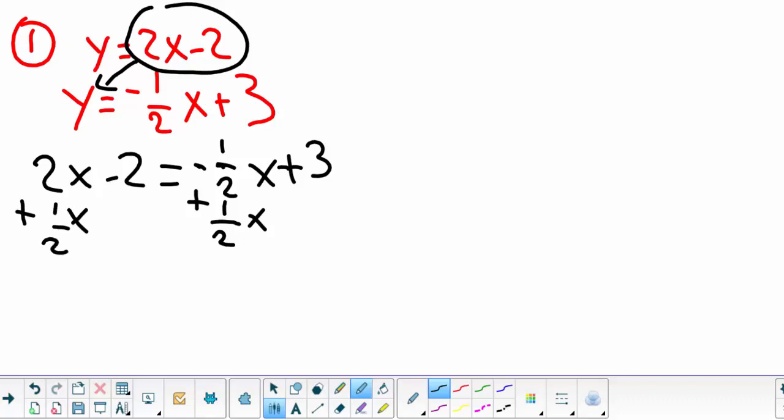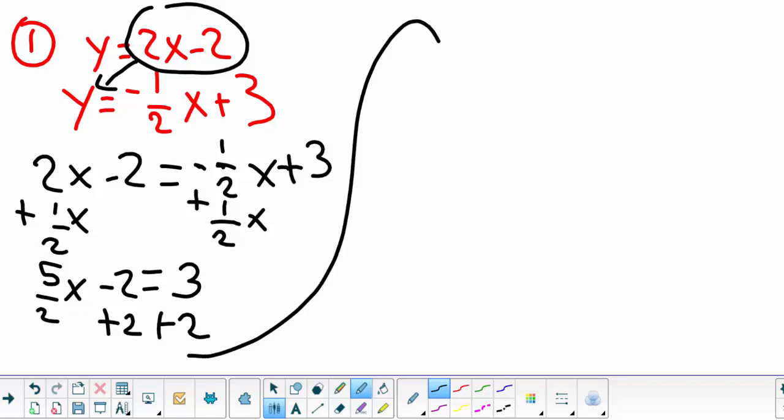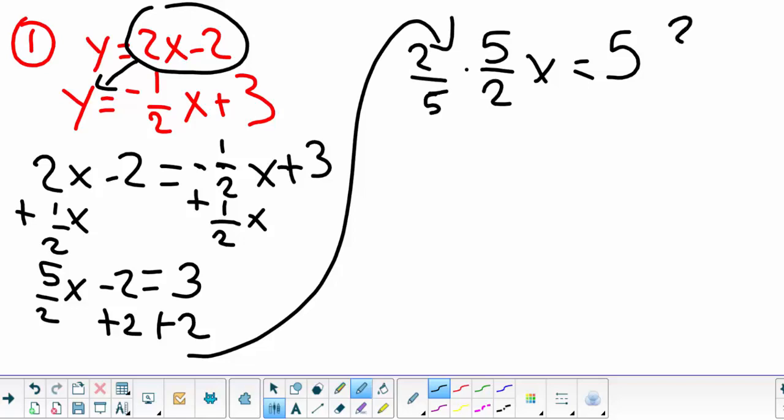So 2 plus 1/2 is 2.5, or 5/2 x minus 2 equals 3. Now I'm just going to add 2 to both sides. So now we have 5/2 x equals 5. If we want to get rid of that fraction, remember all we've got to do is multiply by its reciprocal. So we're going to multiply both sides by 2/5.